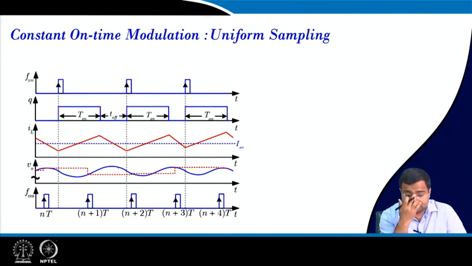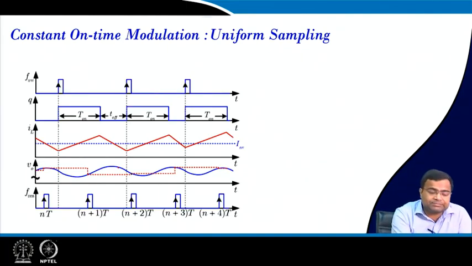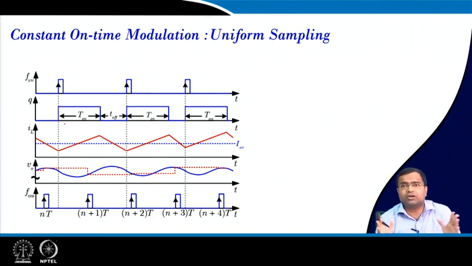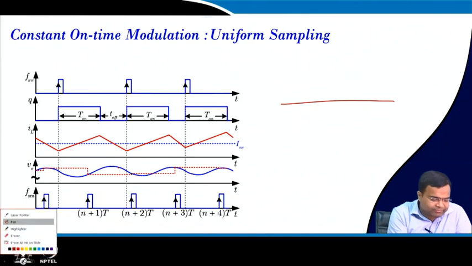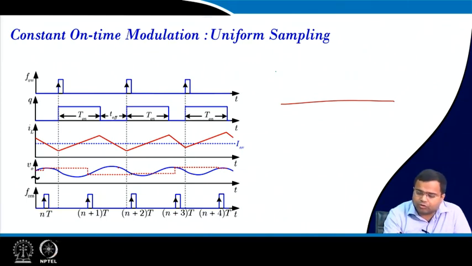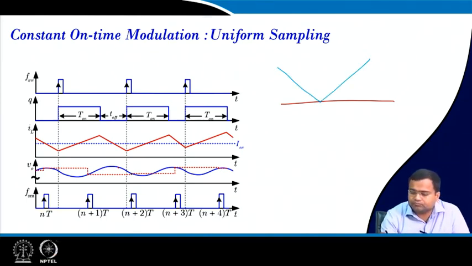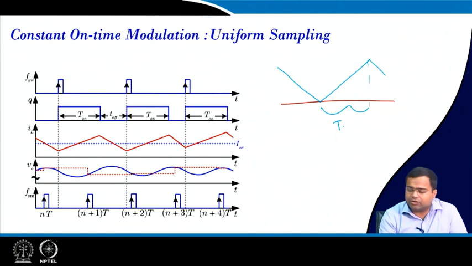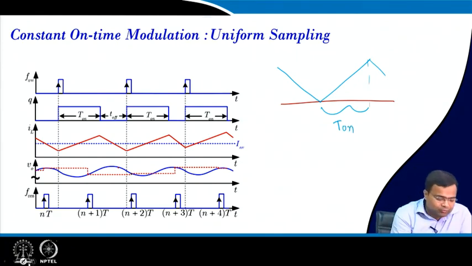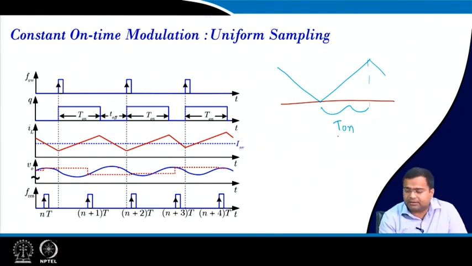Similarly, if you talk about constant on time, where the on time is fixed but the off time varies, for example in valley current mode control, this is a very popular method for commercial products. Here this time is fixed, this is the on time, and it is fixed, and we generally take the sample.